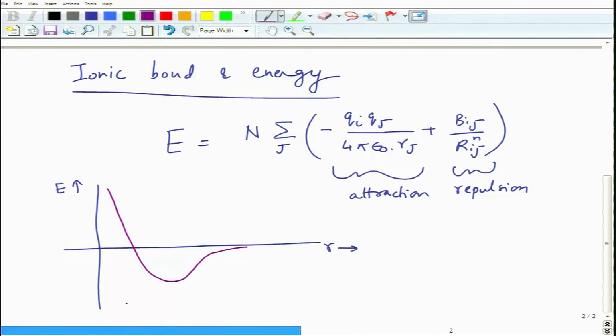Basically at a certain separation distance R naught, you have net attraction between the components, and this is where the energy is equal to 0. So this defines, let us say, the equilibrium separation distance.